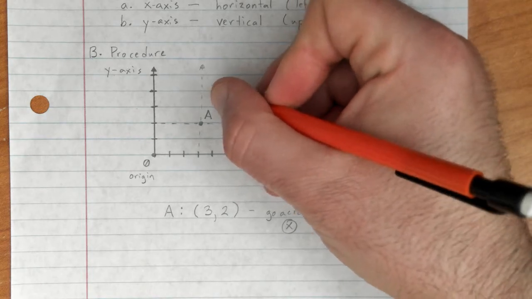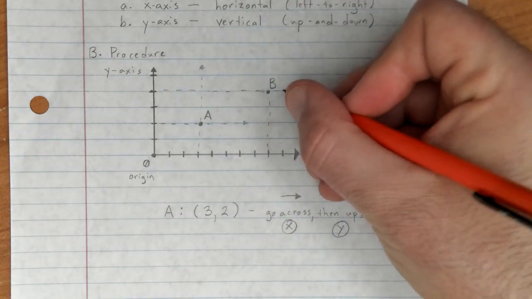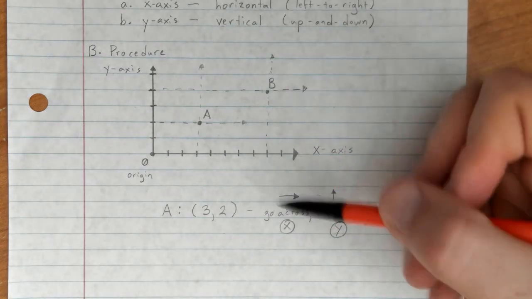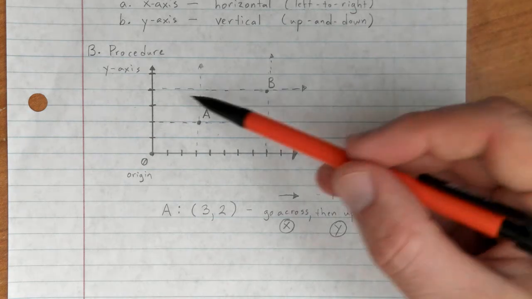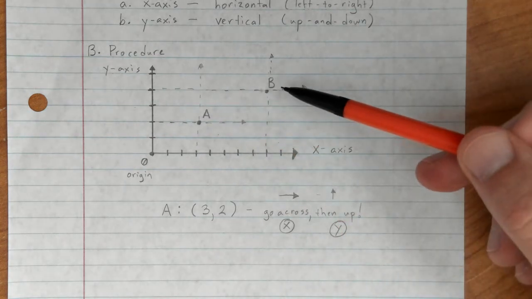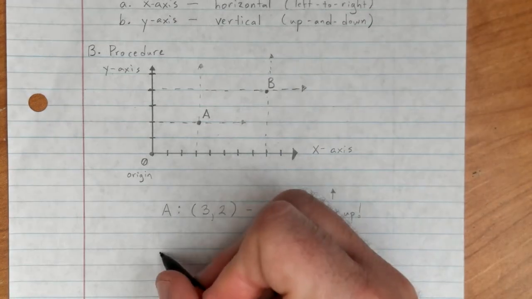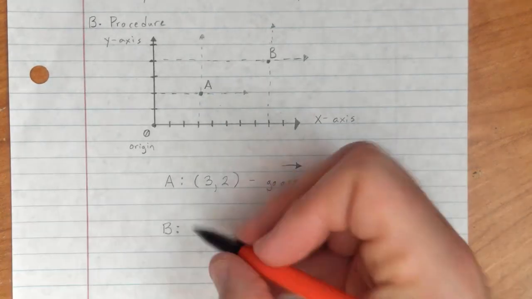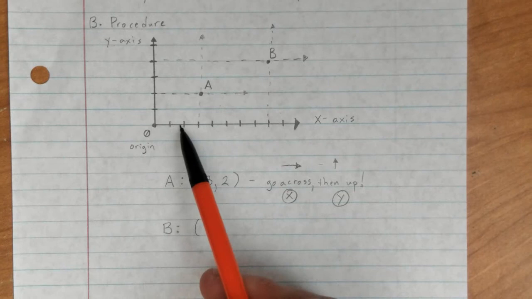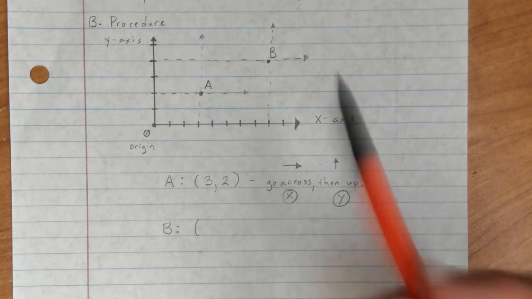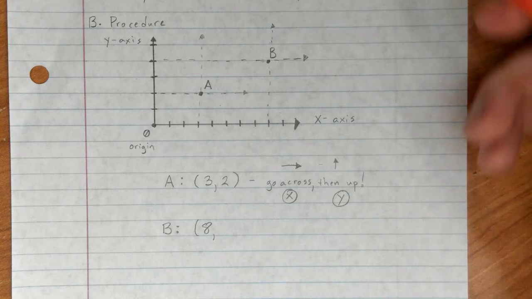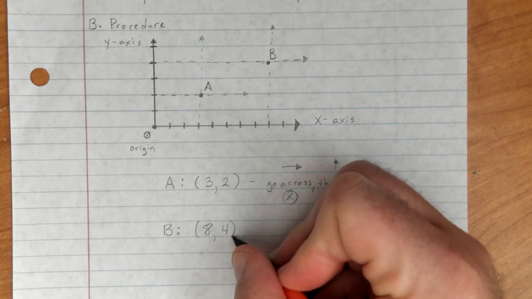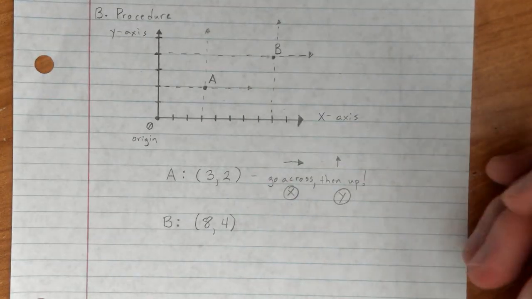So again, looking with this invisible line, the invisible line from 8 and the invisible line from 4 intersect at B. So if I was going to give the exact location of B, the coordinate pair I would use would be x first: 1, 2, 3, 4, 5, 6, 7, 8. And then how far up is it? 1, 2, 3, 4. X, then Y. Across, then up.